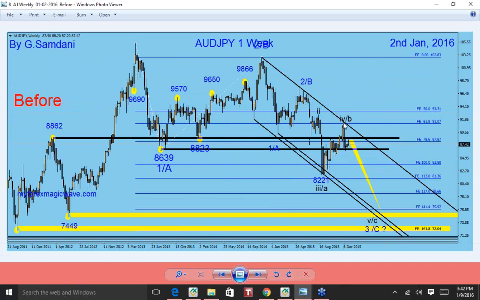It was a big drop, and then we went below this area, came to this area, bounced, and we tested this area, 88.64, and got rejected. You see this doji, and this is a weekly chart, so the end of the week is a doji, right? So I said, okay, this is now ready to drop, because Aussie gets weaker and yen gets stronger. It's going to drop like crazy now.